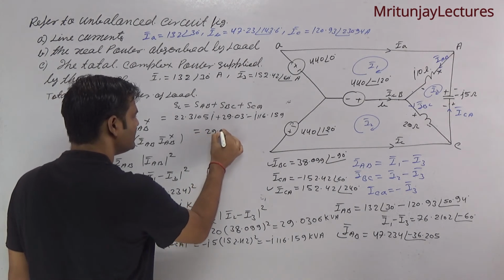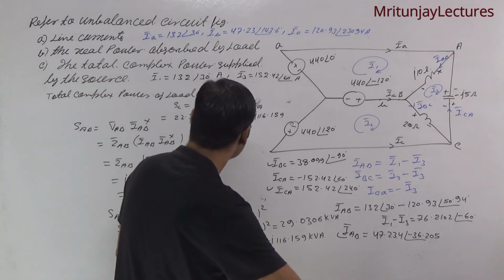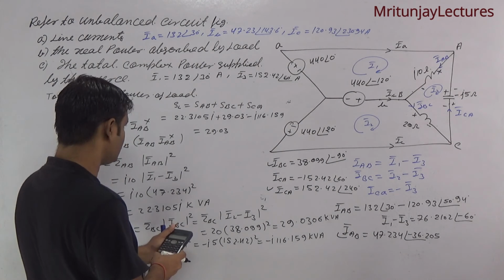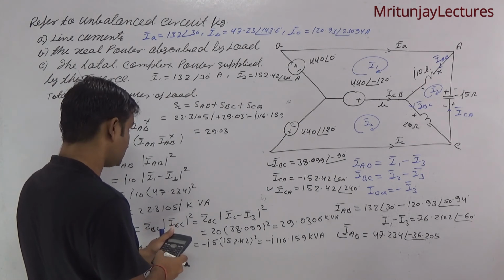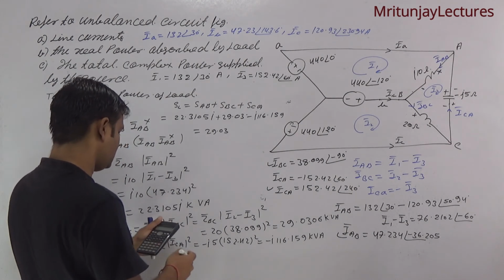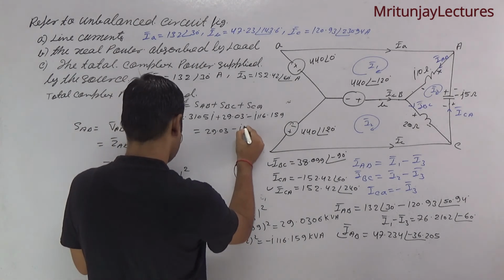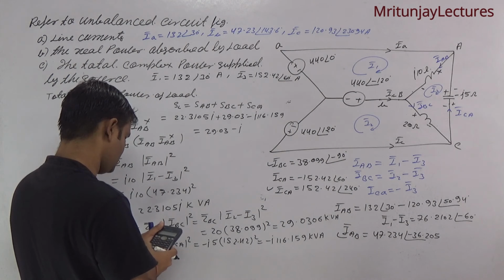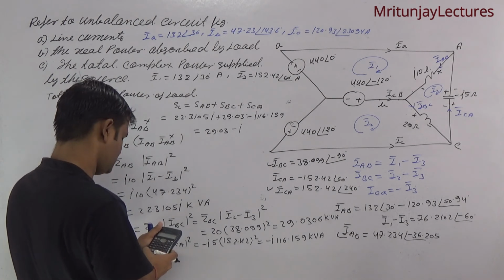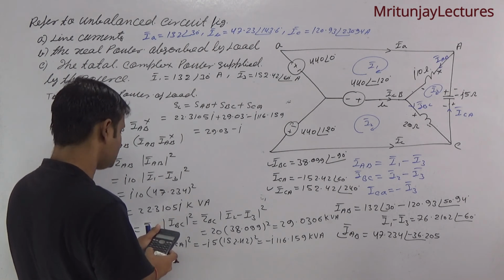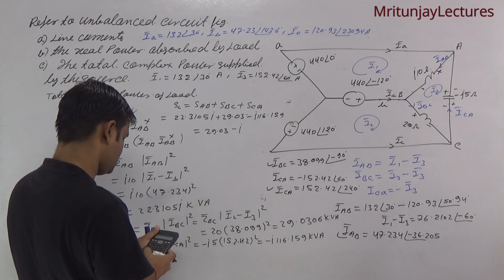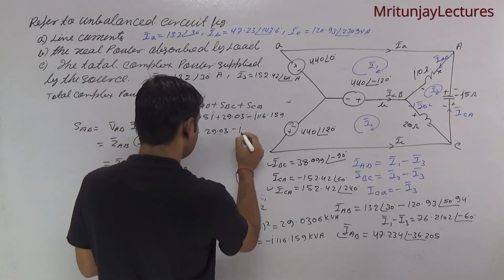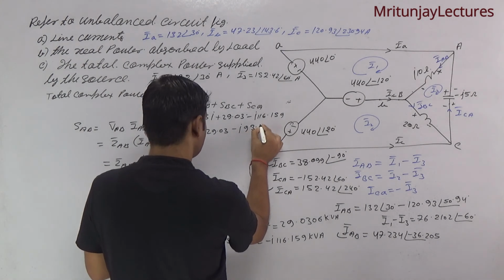That gives 29.03 minus 22.3105, that is minus J 116.159 minus 22.3105, that is 93.84.